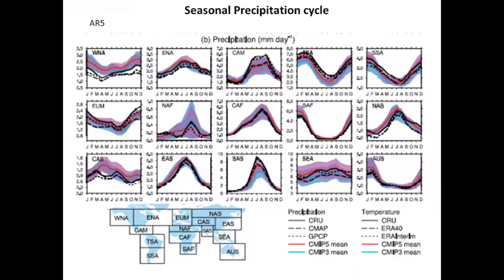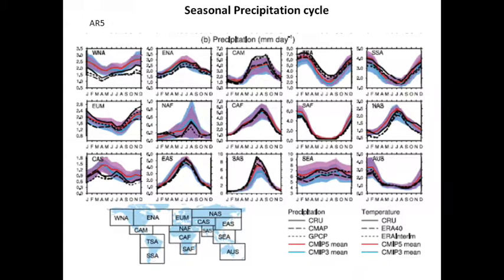South America has a very good cycle. Well, very distinct cycle during the year. More precipitation in the summertime, less precipitation in the wintertime, and the model can get reasonably well these cycles.